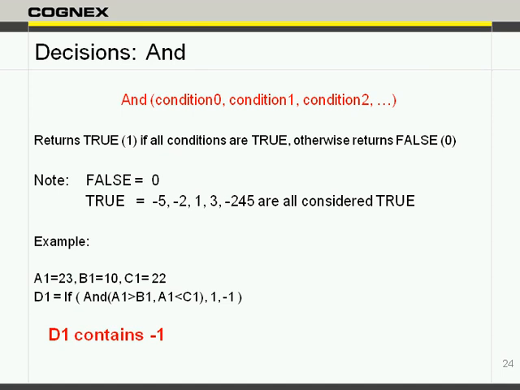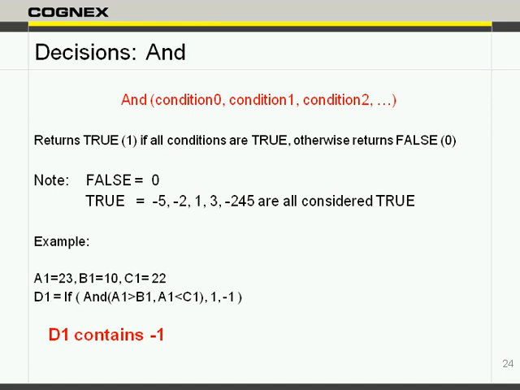So let's have a look down on the bottom. We can see that in cell A1 we have 23, in cell B1 we have 10, and in cell C1 we have 22. When we look at cell D1, we can see a sort of complex formula there. If you look, you can see we have an AND statement within an if statement.